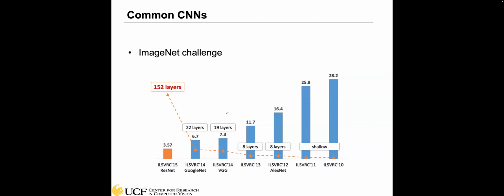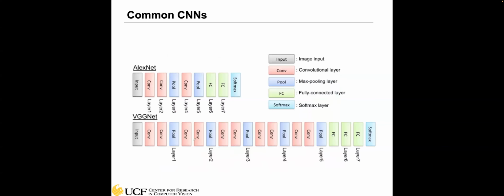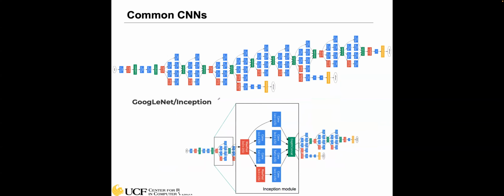Yes. Okay, so for the CNNs here, I list a couple from the ImageNet challenge. The AlexNet and the VGG are the earlier CNN networks. Right now, people don't use these a lot because of the performance. And later we have this Inception network.